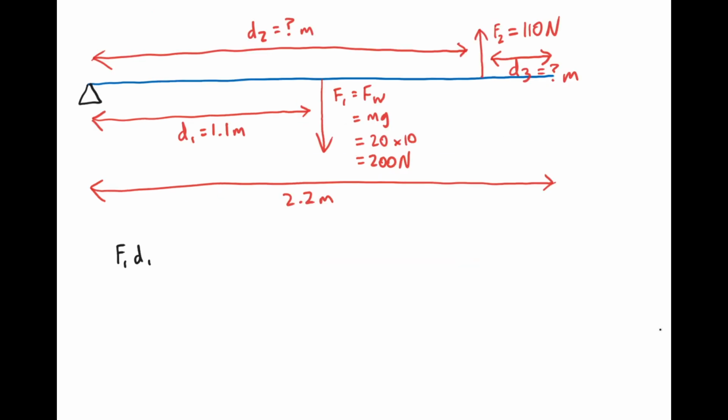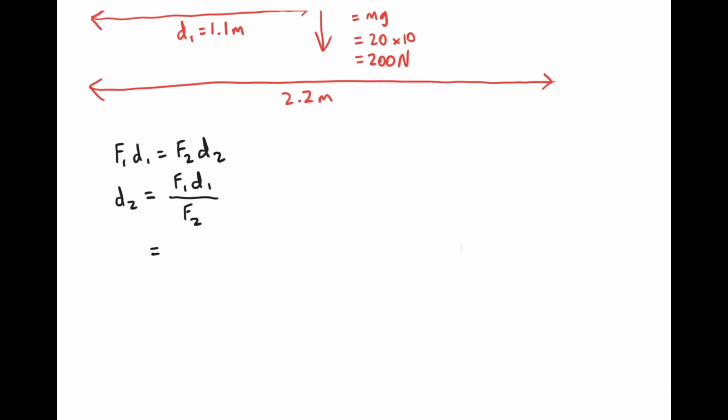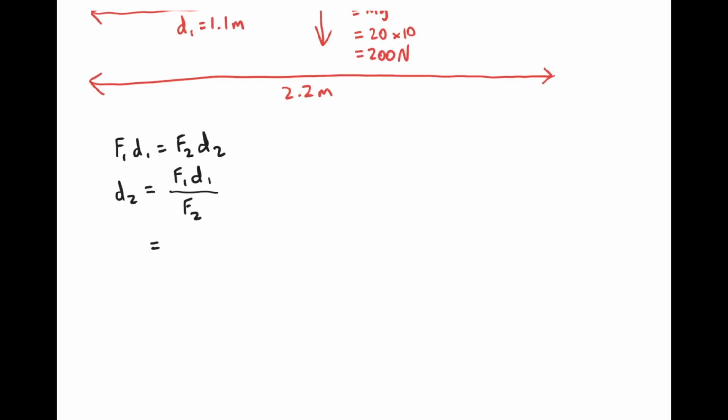We'll use the torque equation F1d1 equals F2d2. Let's rearrange for d2 by sending F2 to the denominator on the other side. d2 equals F1d1 over F2. Substituting our numbers, 200 times 1.1 over 110.